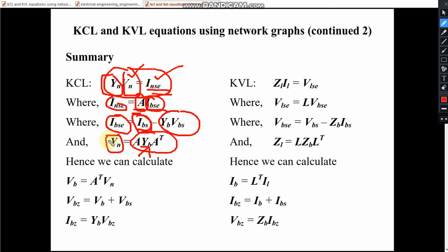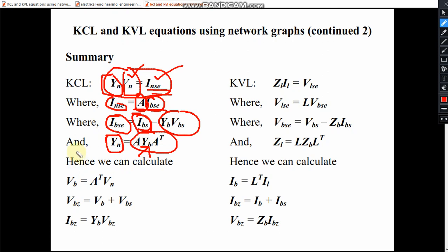We already know this from whenever we discussed KCL in our electrical circuit analysis course, where we directly wrote this nodal admittance matrix. It has two types of elements: diagonal elements, which are the summation of all admittances connected to particular nodes, and off-diagonal elements, which are minus the admittance between the concerned nodes.